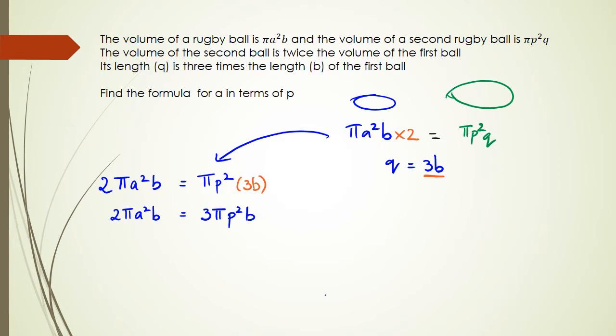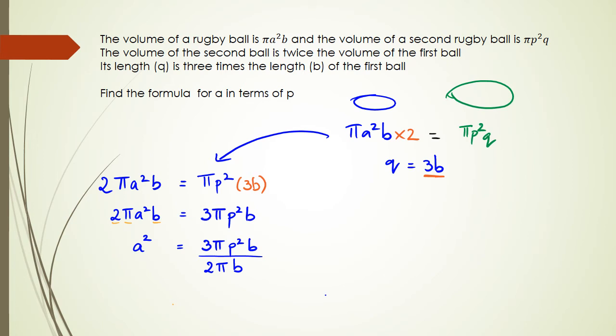So what I know is I want to have a by itself, which means I need to get rid of the other terms. So on the left hand side, I need to get rid of 2 pi and b. I know that because they're all being multiplied, when I take them to the other side, it'll become divide. So what I then have is a squared equals 3 pi p squared b, and the whole thing divided by 2 pi b.